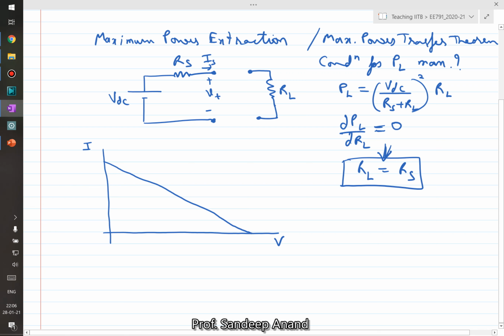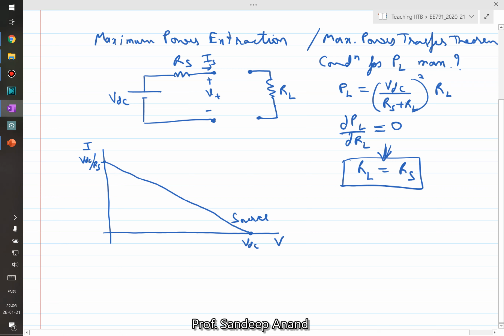If you see, at zero current, the voltage is equal to VDC, and if the voltage VT is 0, then the current flowing is VDC by RS.